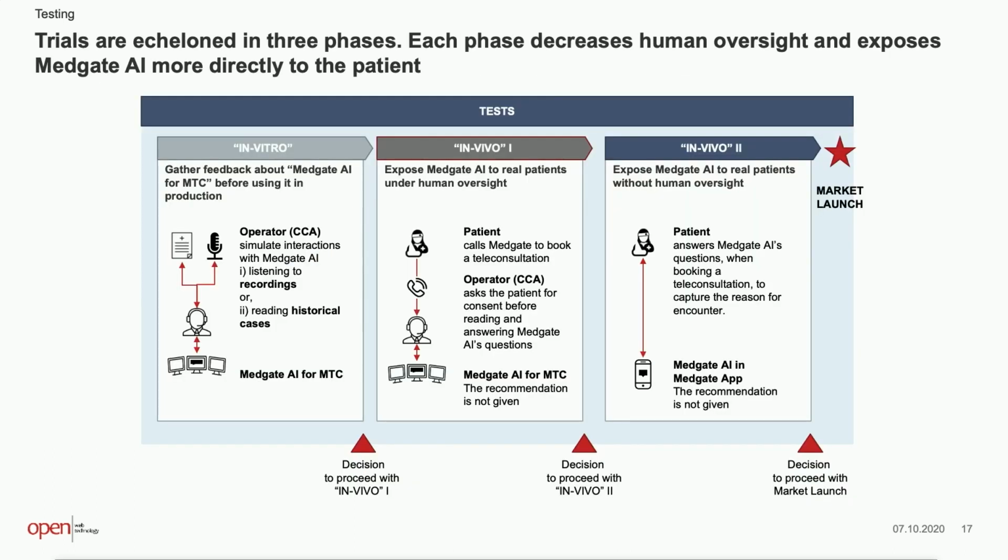So how it worked. We used recordings of past teleconsultations and asked nurses to play back this file and pause the file when they heard a symptom. So it's a simulation of how the patient is expressing his symptom, and we try to use this exact wording in our system to see how the AI was reacting.